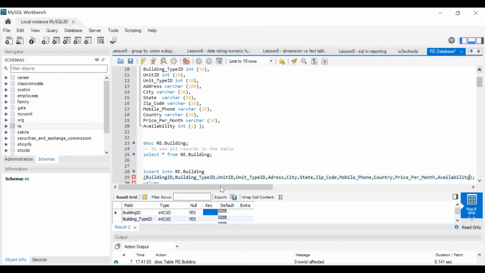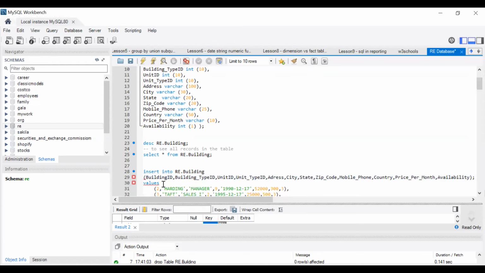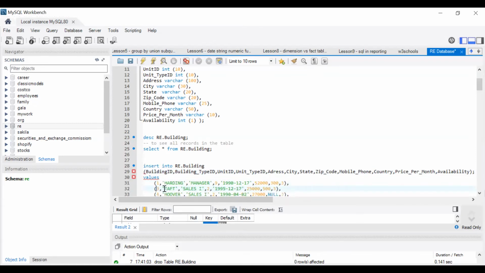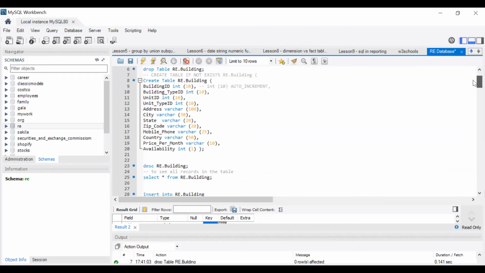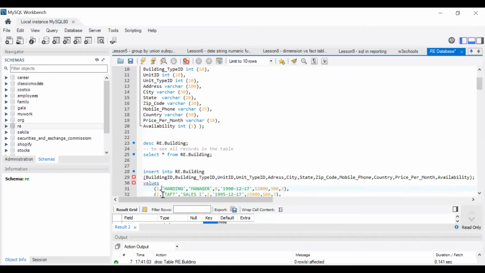Building type ID. Let's start with a 1. Let's insert like 2 records. I don't want to insert a lot of records. So what's the second field? Building ID, building type ID. Let's pretend it's also 1.